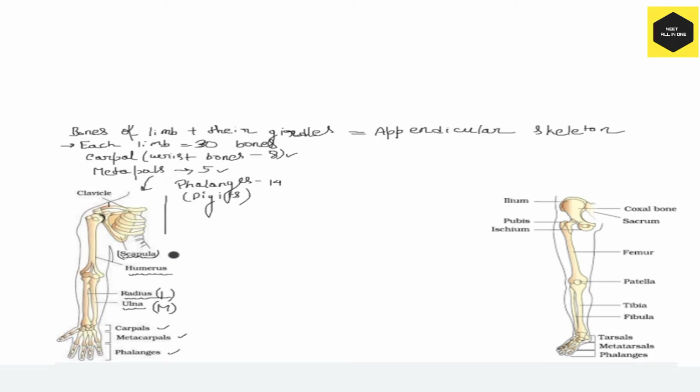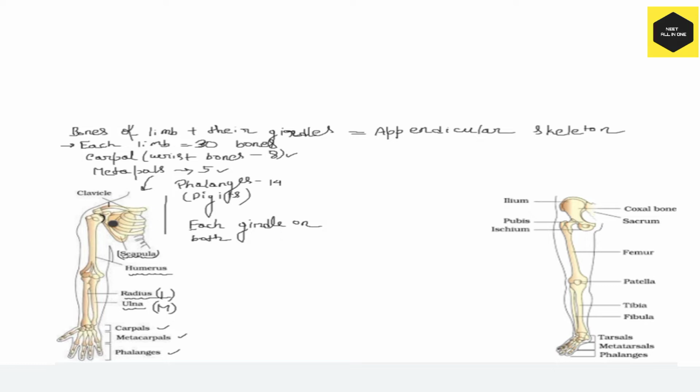Now see, pectoral girdle helps in articulation of bones of the upper limb. Each girdle on both sides.